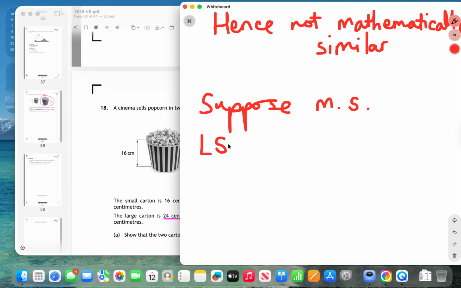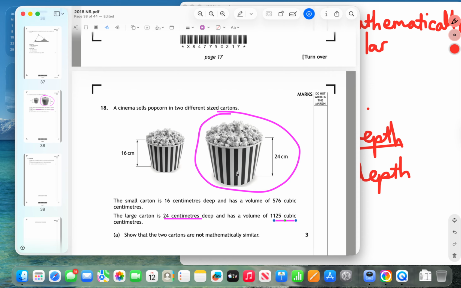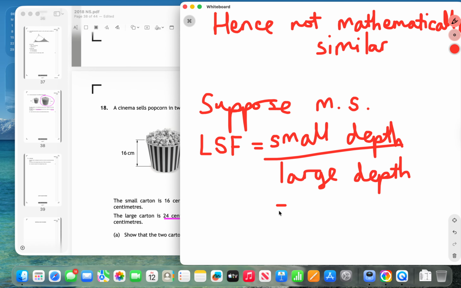Again, you write linear scale factor, not LSF. That's going to be the small depth divided by the large depth. And the small depth is 16 and the large one is 24.